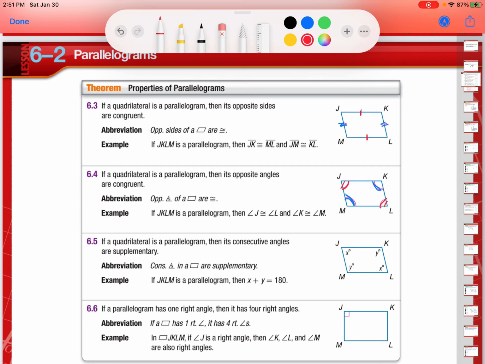If a quadrilateral is a parallelogram, then its consecutive angles are supplementary. This is a big one that people oftentimes forget.